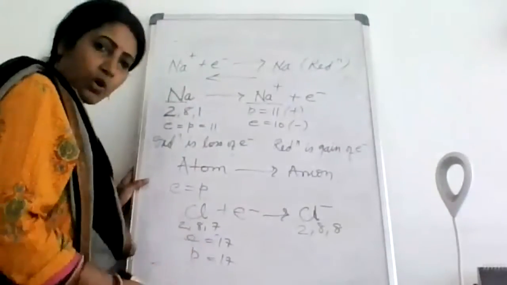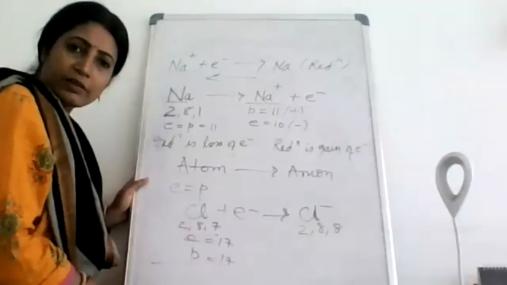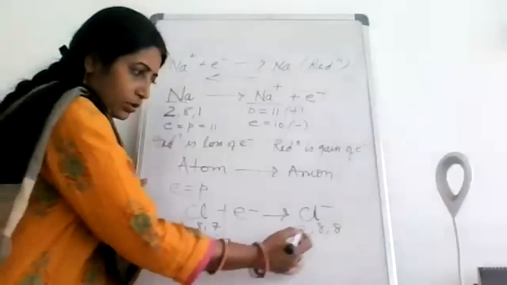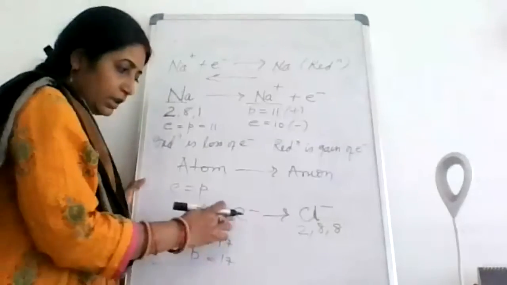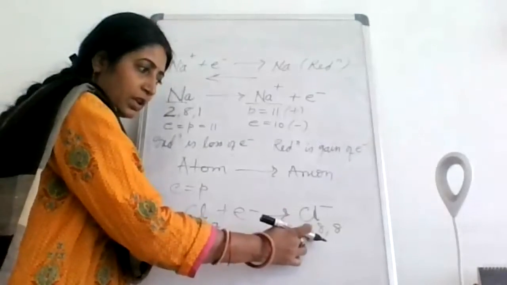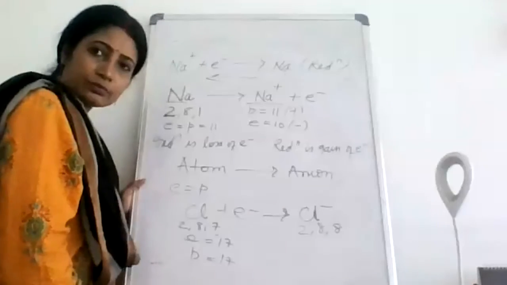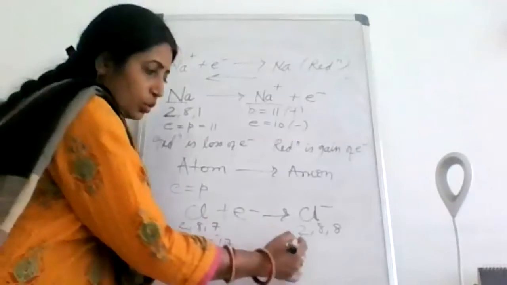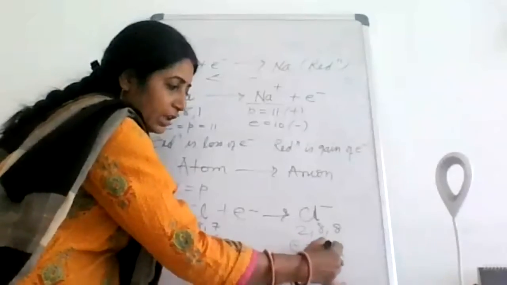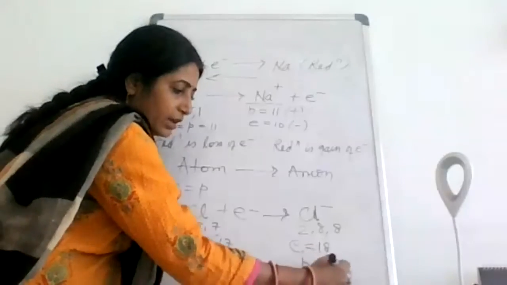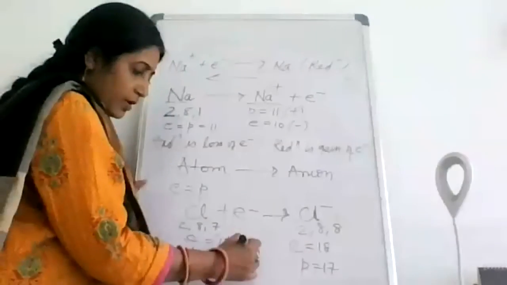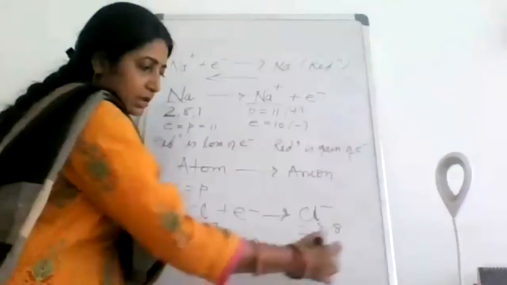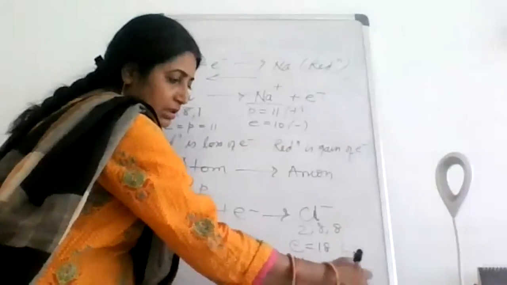Electron was 17, proton was 17. Now when it gains 1 electron, the configuration is 2,8,8. Now the electron is 18, but the proton is 17. This is minus, this is plus.